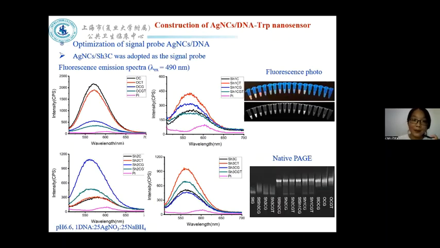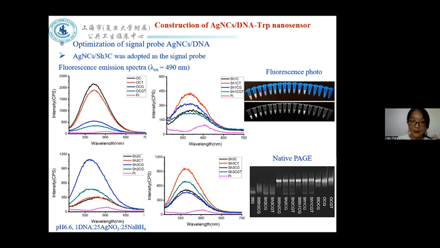Firstly, we shortened the C-rich region by varying the complementary sequences that can hybridize to the capture probe.